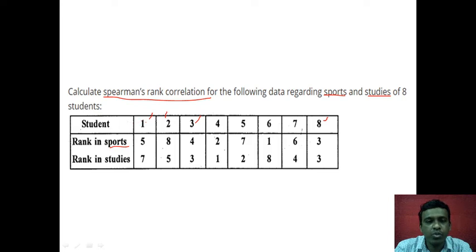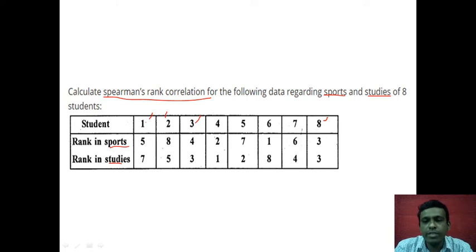For example, student 1 is ranked 5th in sports and 7th in studies. Similarly, student 2 is ranked 8th in sports and 5th in studies. Student 3 is ranked 4th in sports and 3rd in studies, and so on. So ranks 1 to 8 are given to them.